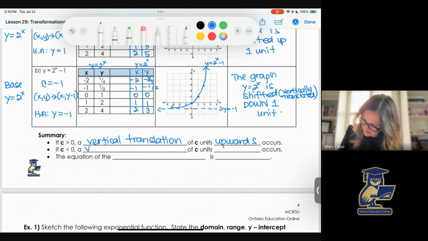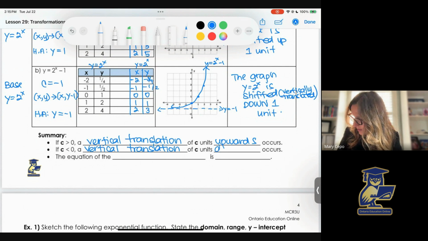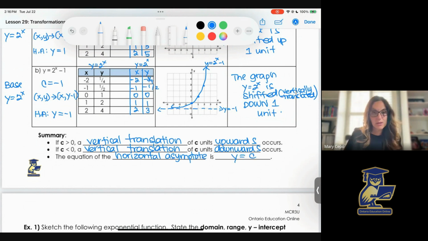However, if it's less than 0, it's a vertical translation still, but this time instead of going upward, we're going c units downwards. And of course, the equation of the horizontal asymptote depends on that vertical translation. It's always going to be y equals whatever that c value is.